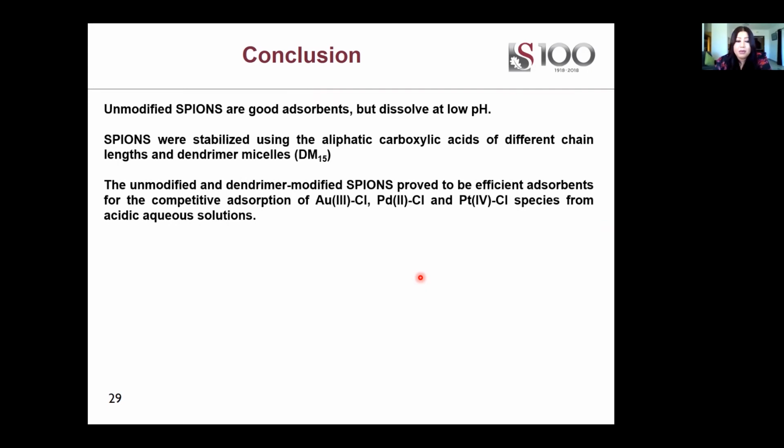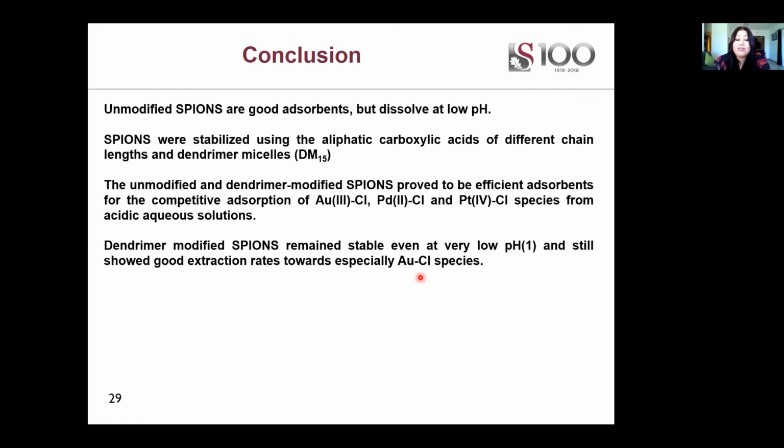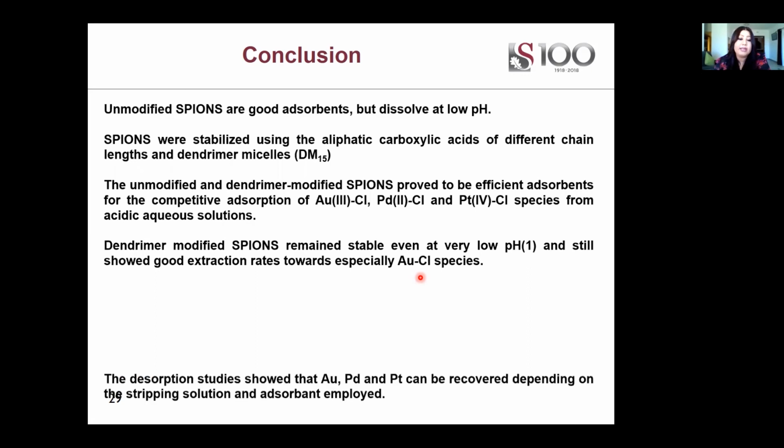We found that both the unmodified and the dendrimer modified spirins proved to be efficient adsorbents for the competitive adsorption of our metal species. And the dendrimer modified spirins remain stable at very low pH and still show good extraction. So our adsorbent 4 is quite beautiful and excellent.